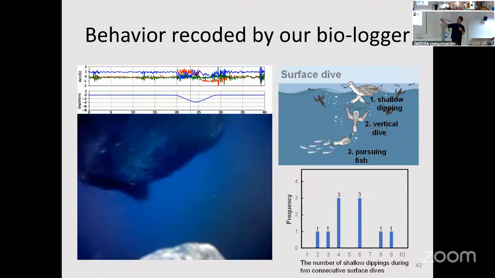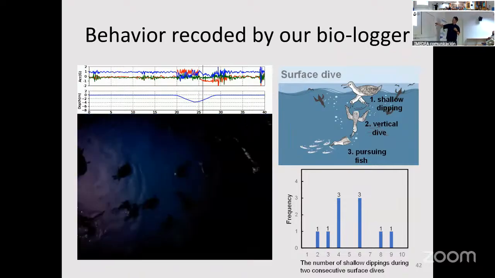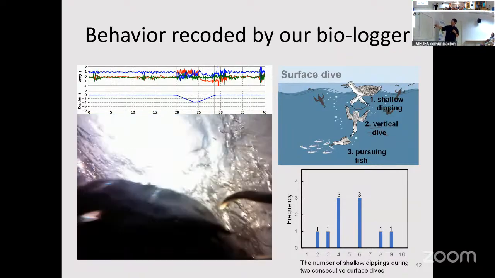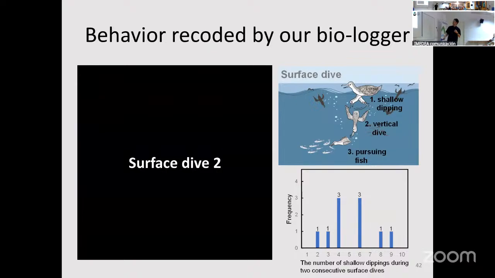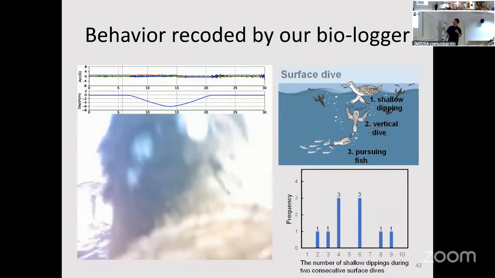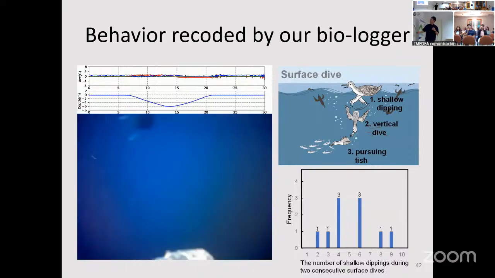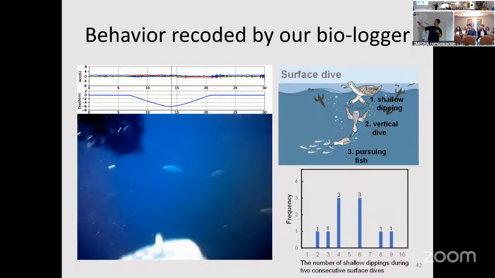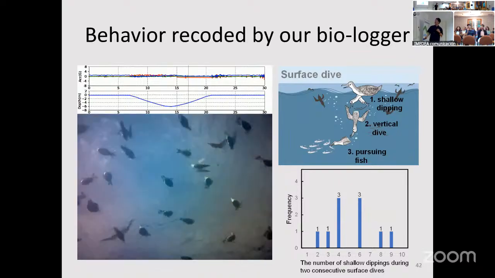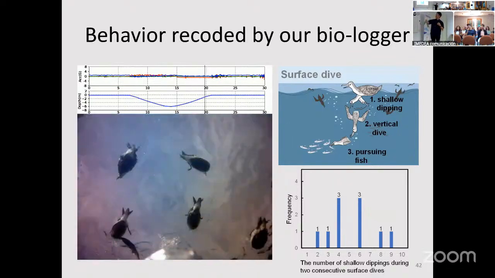And then it dives vertically, captures fish, and goes back to the sea surface. And so we could identify that they performed the dipping behavior several times, and then dive vertically.